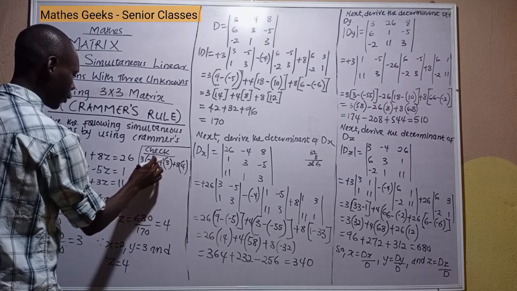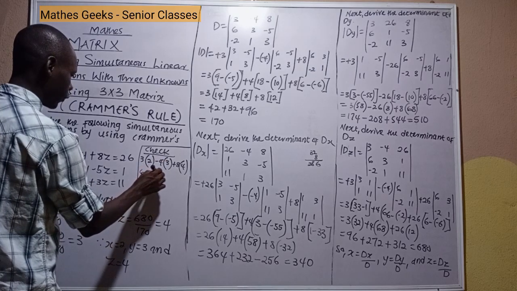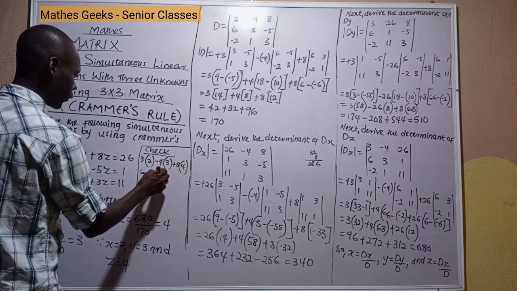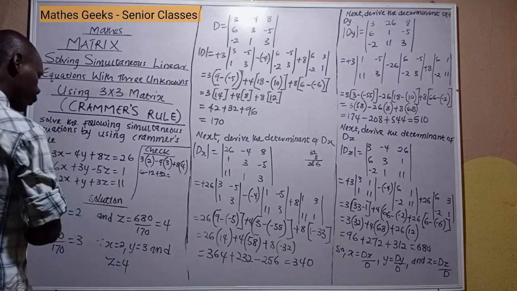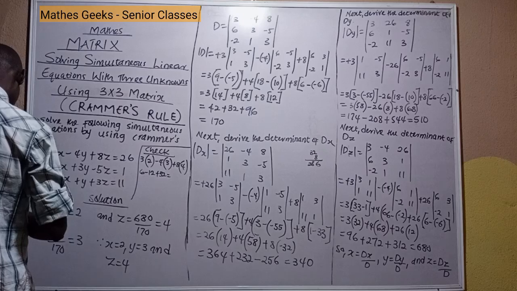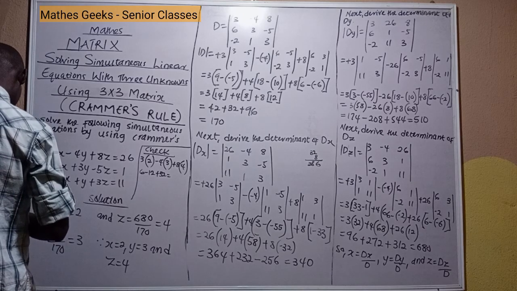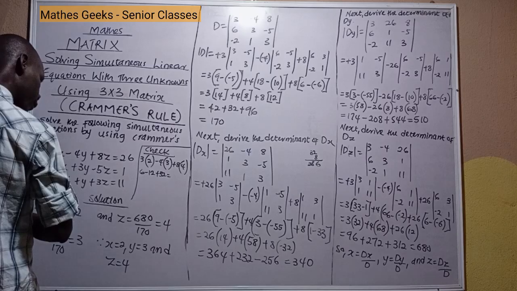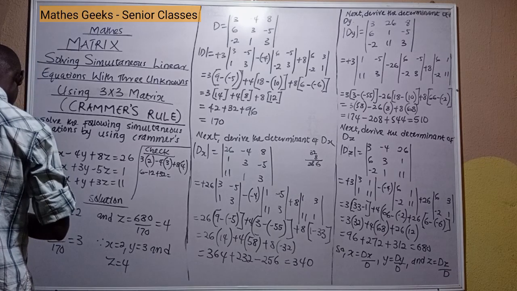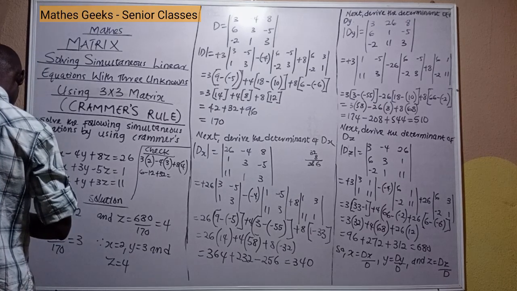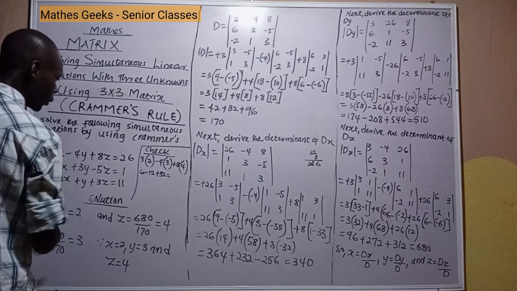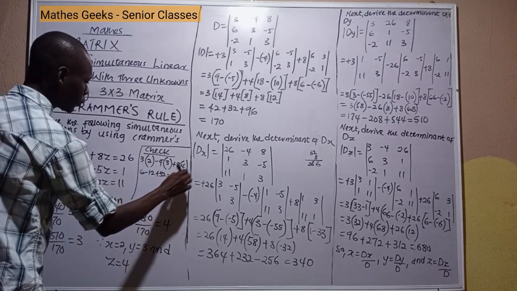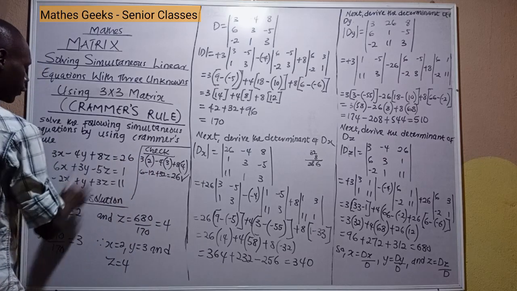Minus 4 times 3 is minus 12, plus 8 times 4, that's 32. That's 6 minus 12 plus 32, which is 26. It's equal to what we have here.